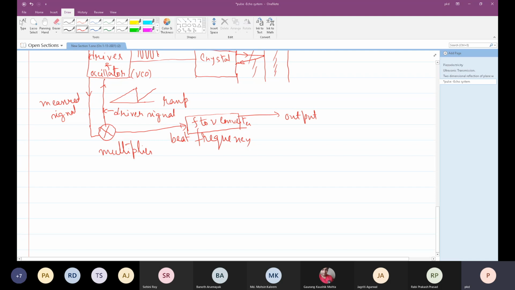Subsequently, it can also be reflected from the second boundary as well.